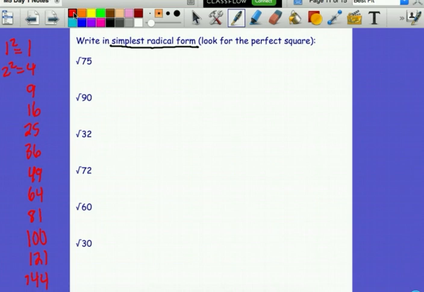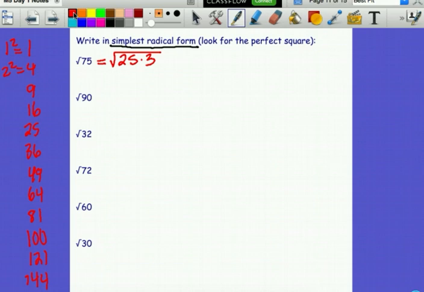And to leave something in simplest radical form, we're going to look for a perfect square that divides into the number that we're given. So if I have the square root of 75, the largest perfect square that divides into 75 is 25. So I'm going to rewrite this as 25 times 3, because that's the same thing as 75.